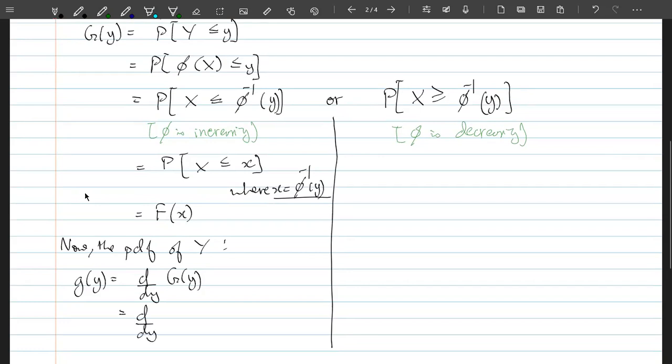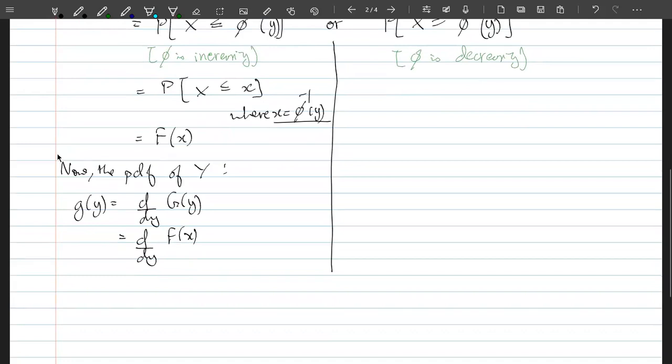So that is d/dy of F of x. Now, obviously, again, remember this is not 0 because this x is actually defined in terms of y. So it's not an independent variable. So this is, by chain rule, d/dx of F of x multiplied by dx/dy, which is F dash of x times dx/dy.